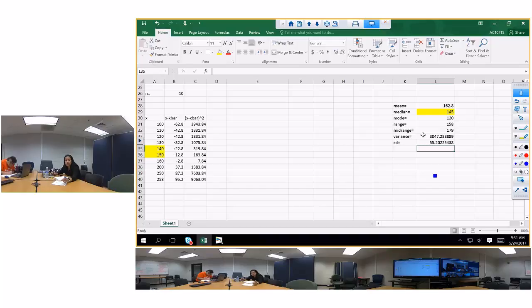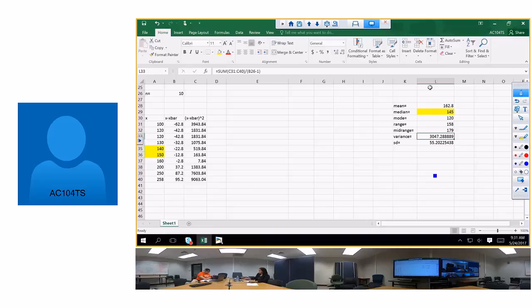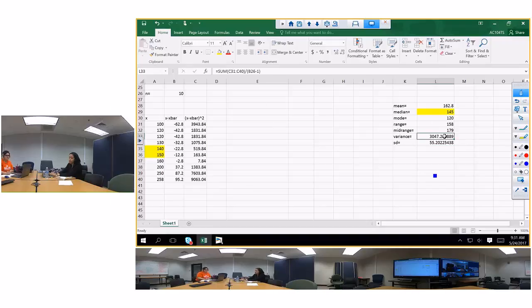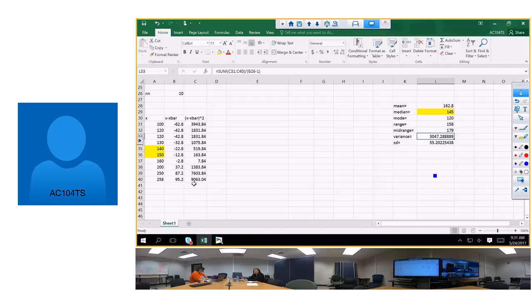Can you show me how to type in the variance again for the Excel? Yes. What I do is I get a summation of all of these x minus x bar squared. So I hit the summation right here, and then I highlight all of those.